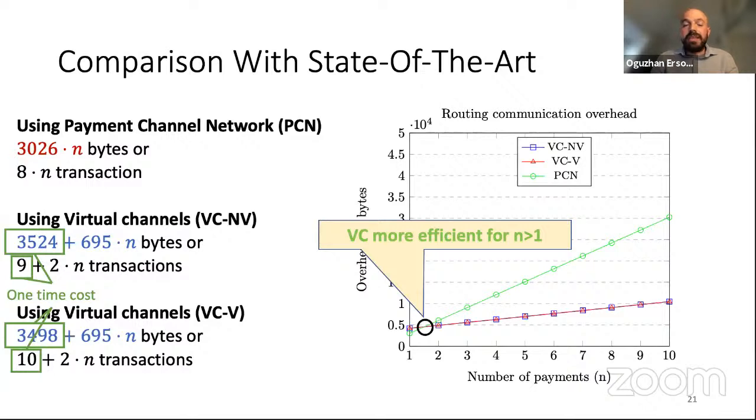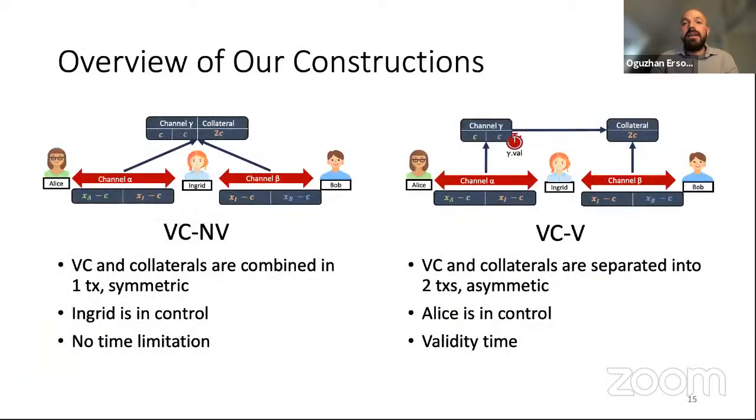And the trade-off is, as I explained, it depends on the application and on the role of the intermediary node. If you want a channel to stay for a long time, then you should use the non-validity case. And if you want a service which should end within some time constraint, then you should use the validity case.